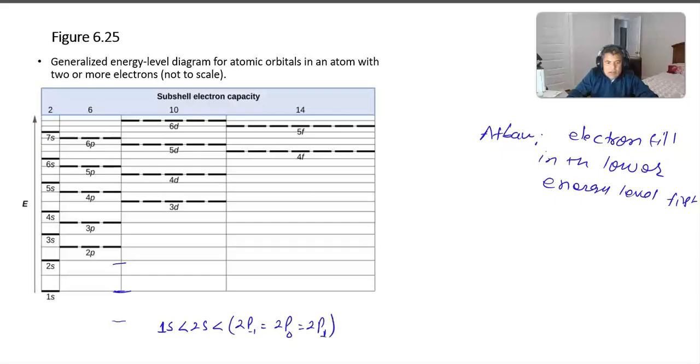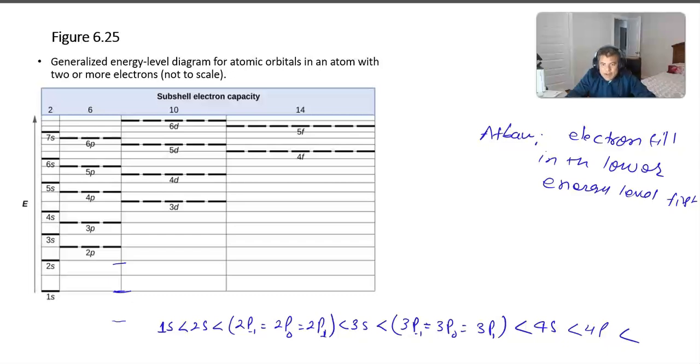These all are 3 and this is less than 3s. 3s is less than 3p minus 1, 3p 0, 3p 1. There are 3 3p's, but these are equal. And that is less than 4s, 4s is less than 3d. Look at that, 3d has higher energy than 4s, interestingly. And 3d is less than 4p, 4p is less than 5s, like that.